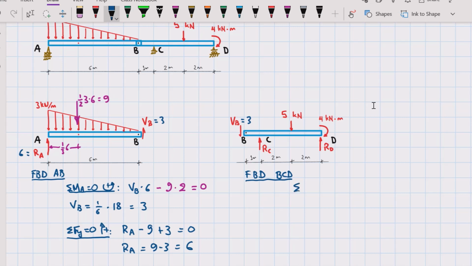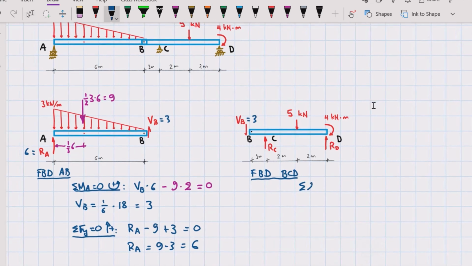Summation of moments at C equals to 0. Positive like this. So RD times 4, right? You tell me what I have to do here. RD times 4, what else?